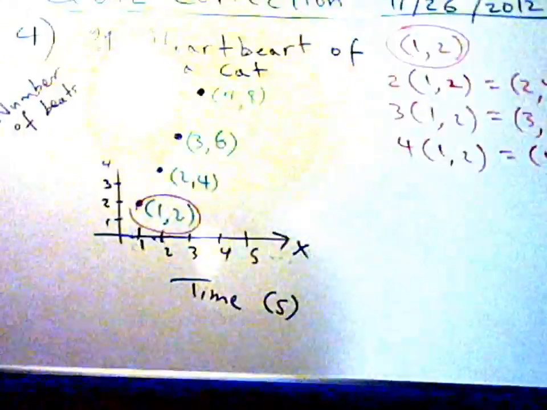If you take the same point, 1, 2, and multiply it by 3, 3 times 1 is 3, 3 times 2 is 6. You take the same point and multiply it by 4, 4 times 1 is 4, 4 times 2 is 8. So obviously the point 1, 2 must represent the unit rate.